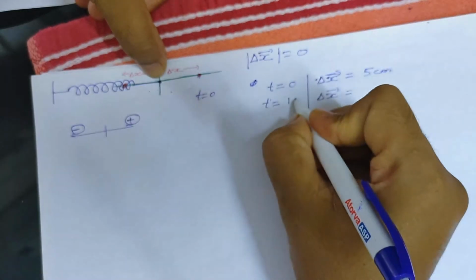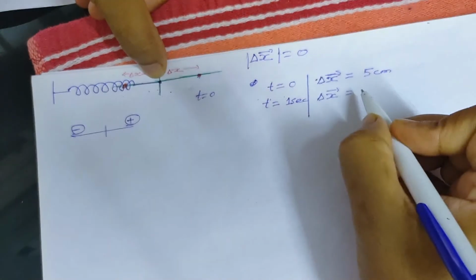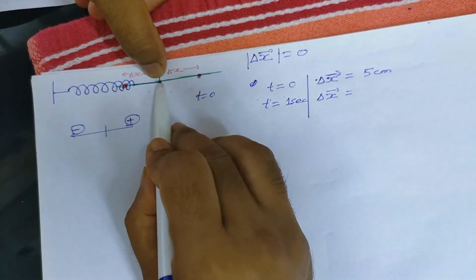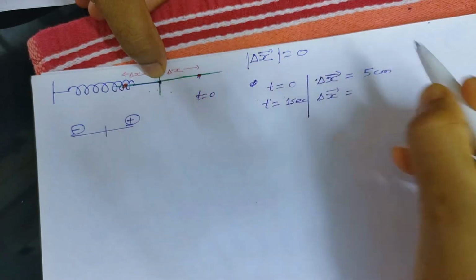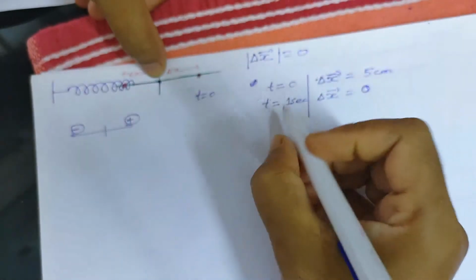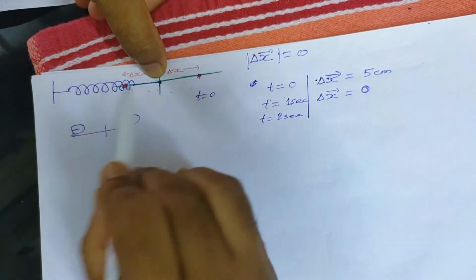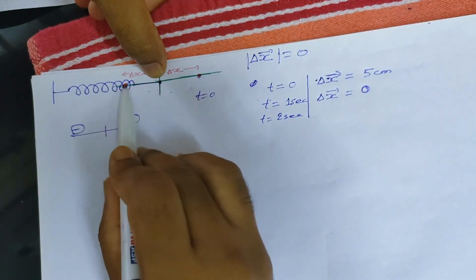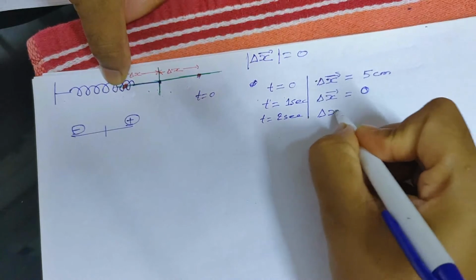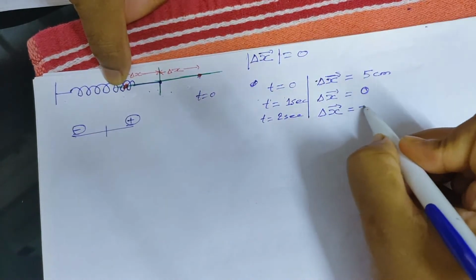So t equal to 1 second, delta x is how much? It reached the reference point, so displacement is 0. Now t equal to 2 seconds, what will happen? The open end will be here, so the displacement is minus 5 centimeter.